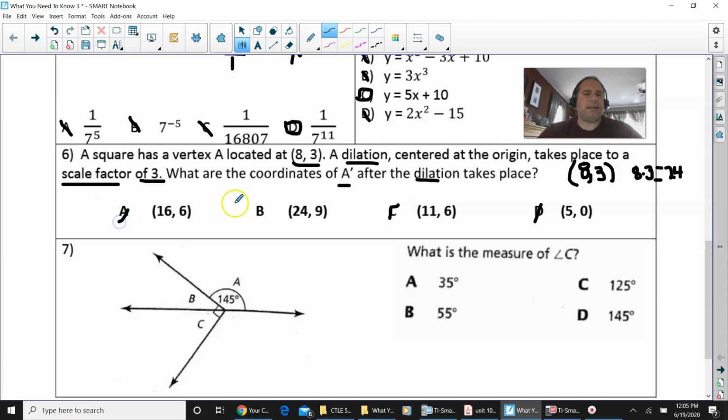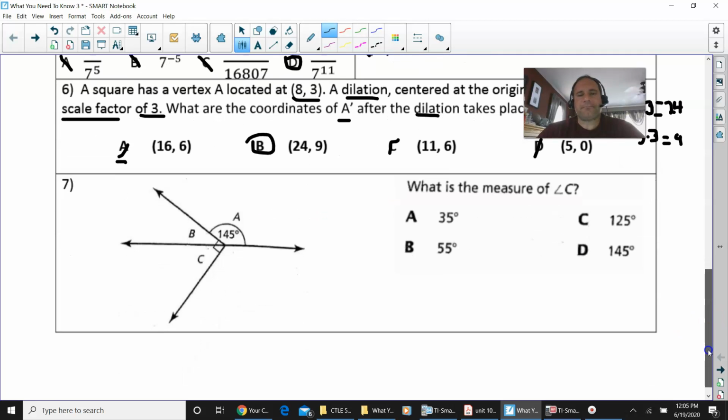So I am going to say that the answer is B. So I just want to prove that 3 times 3 for the y is 9. So 24, 9 is your answer, dilated by a factor of 3. And that's it. Can you tell me what this dilation is by a factor of? If it starts out as 8, 3 and goes to 16, 6, what would this dilation be? All right, yes, it would be a dilation of scale factor 2.